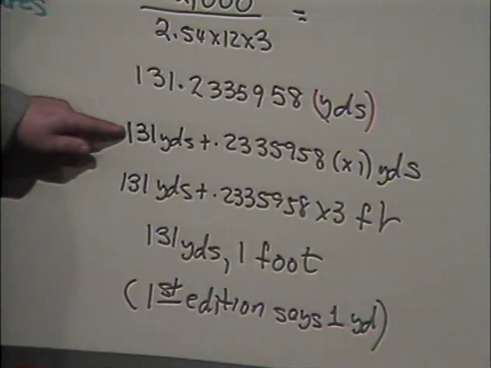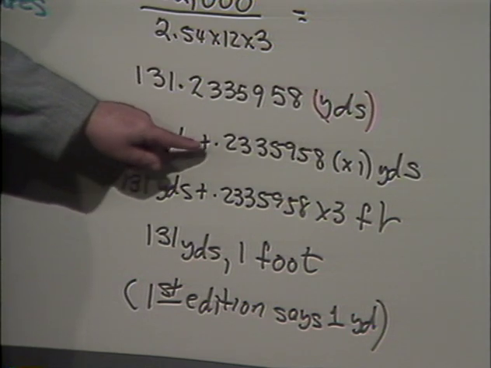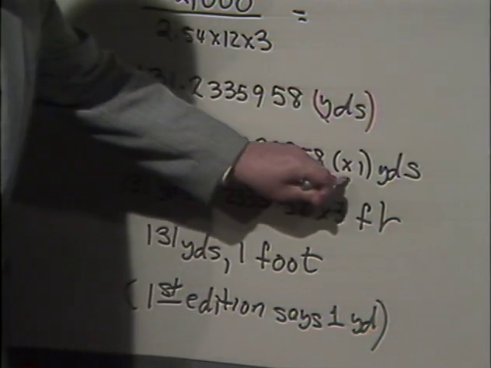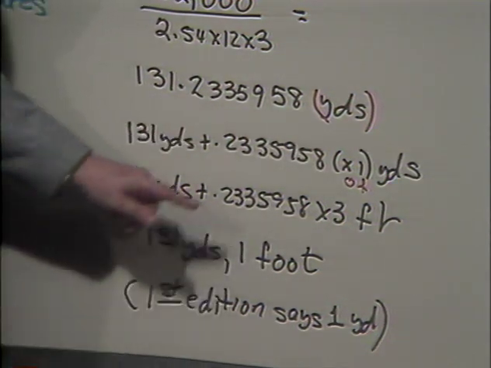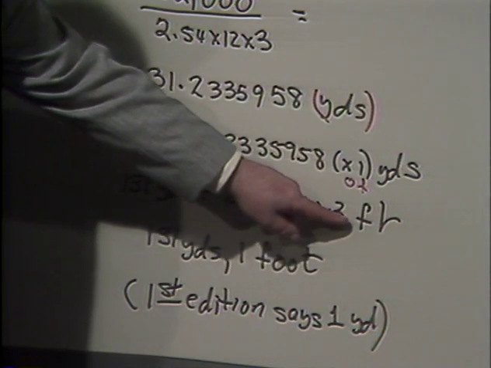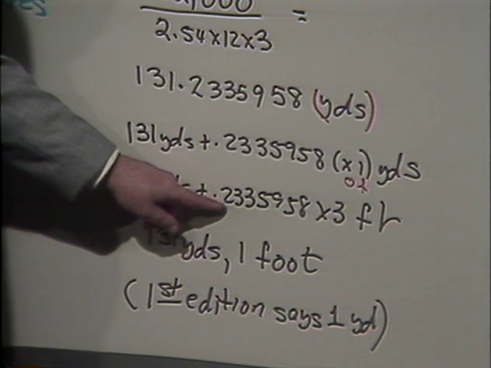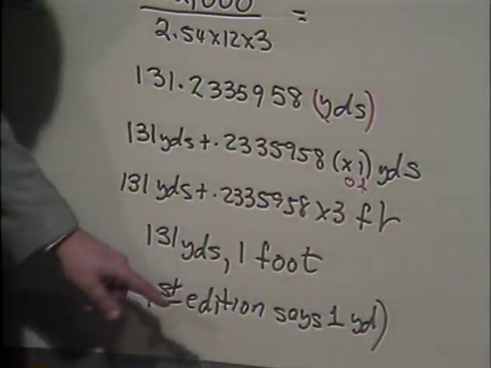So in other words, I look at this and it says what? It's 131 whole yards plus 0.2335958 of another yard, and of means times 1 in this case. So now I remember that there are what? So this is the English system. I remember that since there are 3 feet in a yard, the fractional part is 0.2335958 of 3 feet.